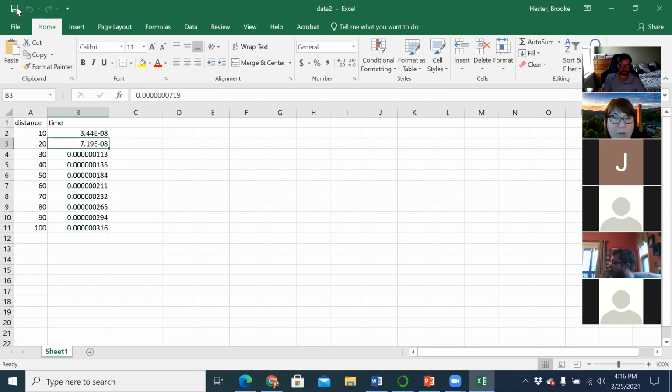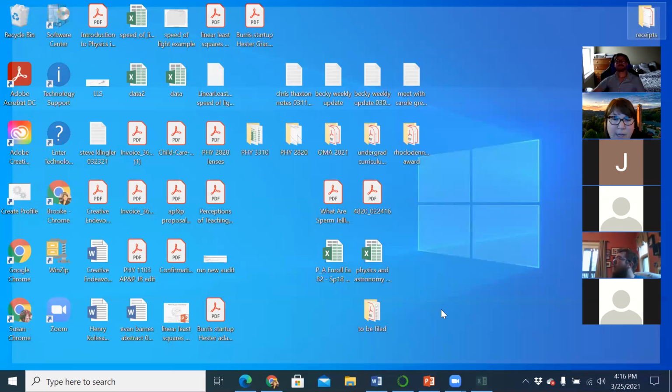So I basically made the outlier not an outlier anymore. I took that data file and dragged and dropped it into here. So there it is, data 2.